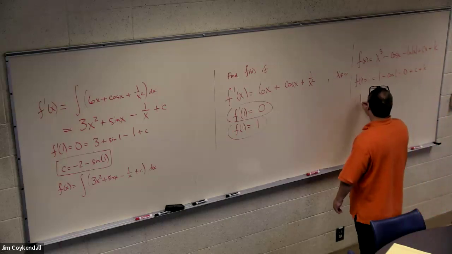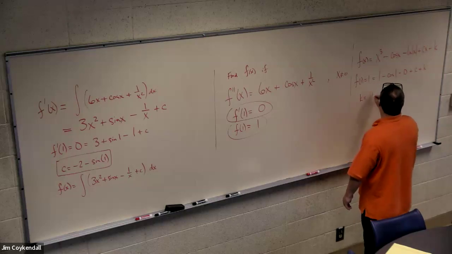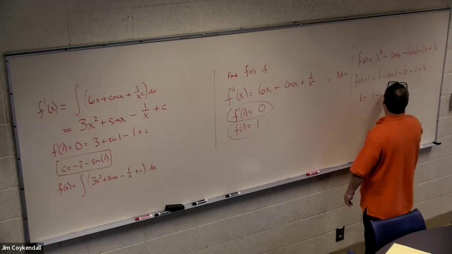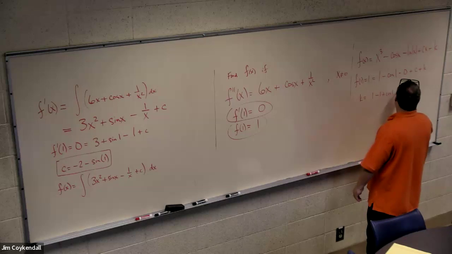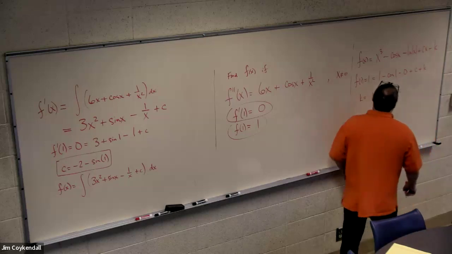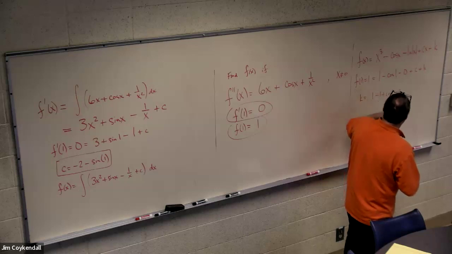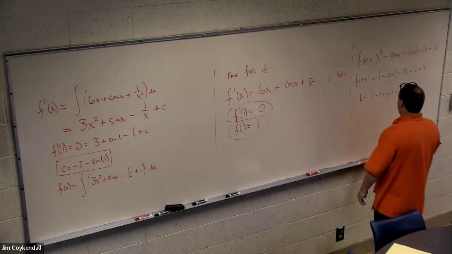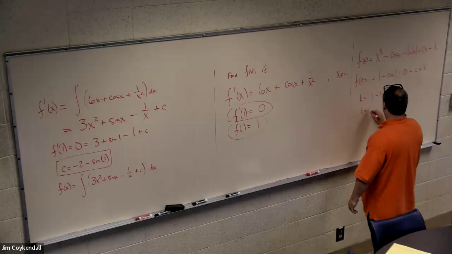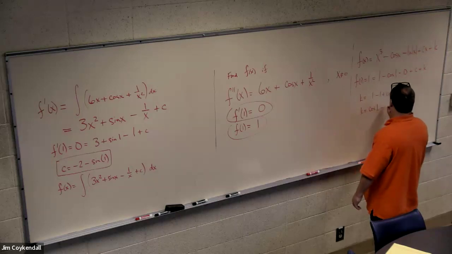So k is equal to 1 minus 1 plus cosine 1 minus c. Cosine 1 minus c.